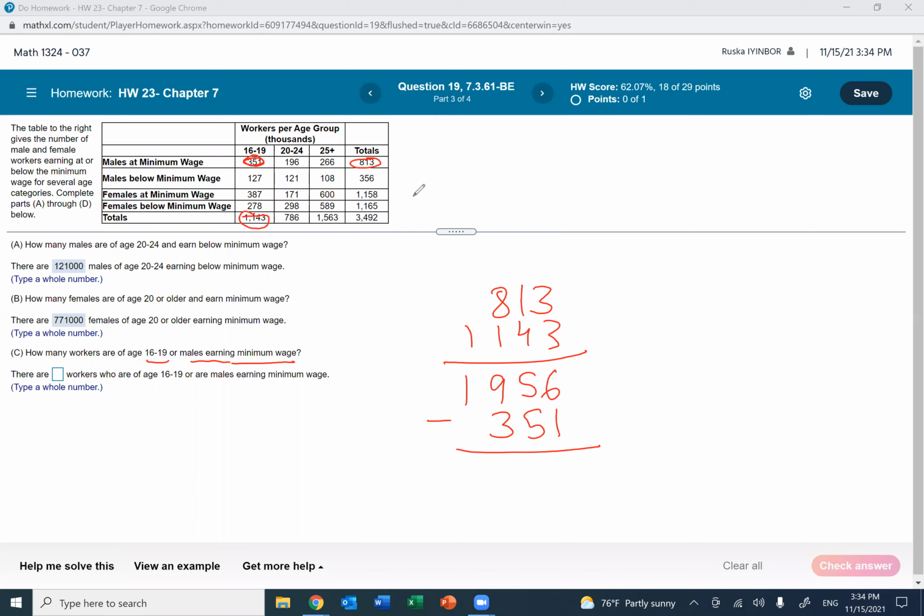It's gonna be 1,521, and don't forget the thousands. So it's 1,521 with 3 zeros. Okay, that was right. And then you're going to the next one.